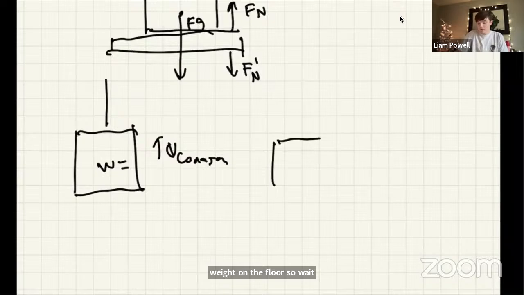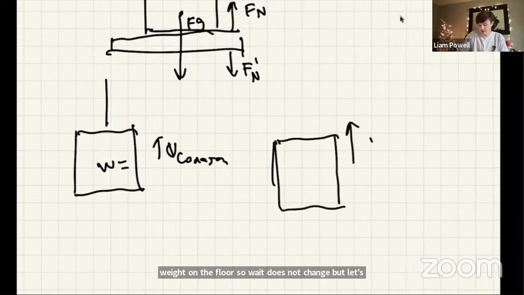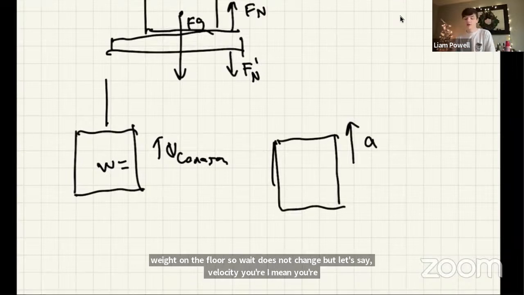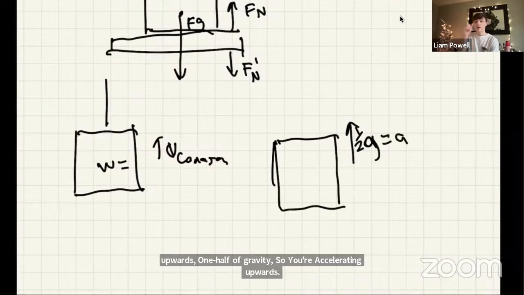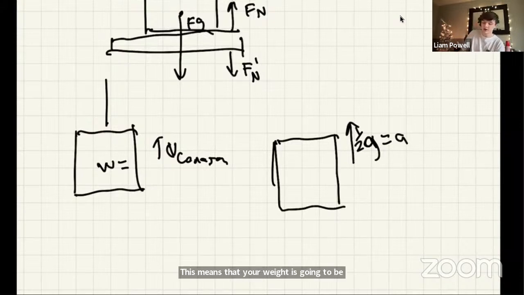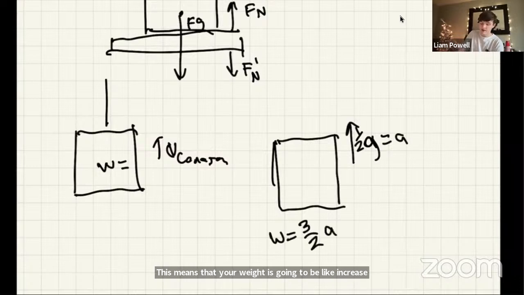But let's say you're accelerating upwards by 1/2 of gravity. This means that your weight is going to be increased by that amount that you're accelerating.